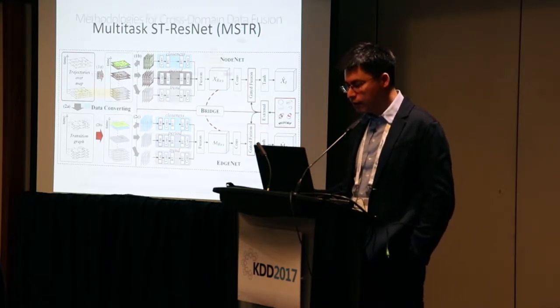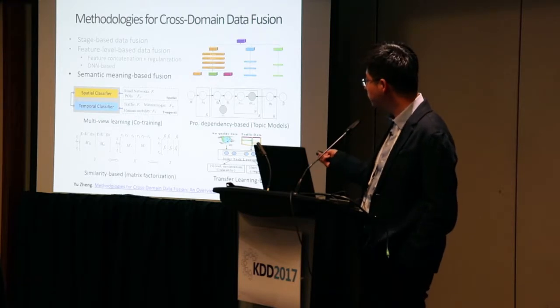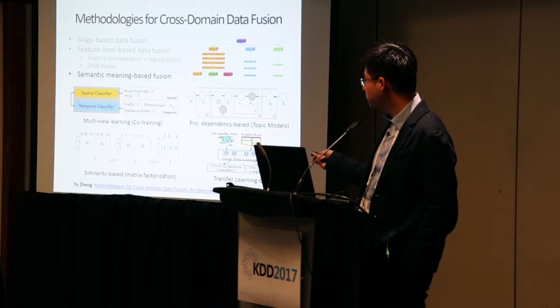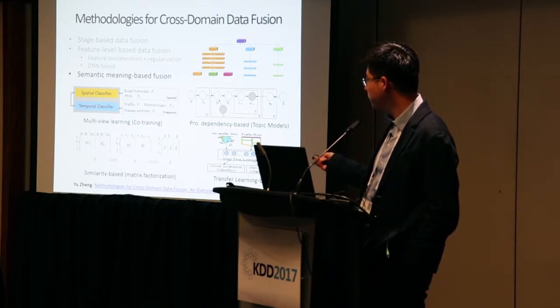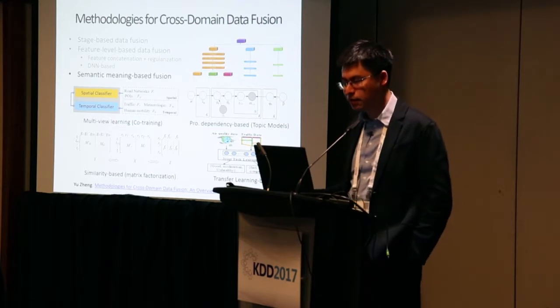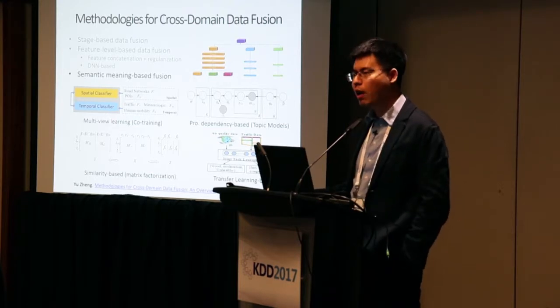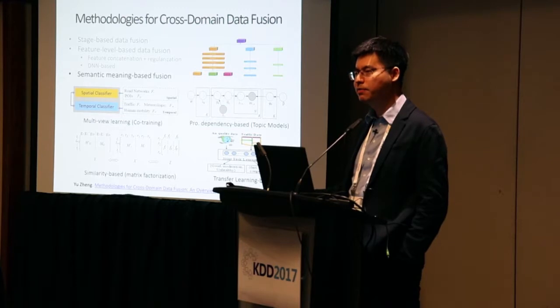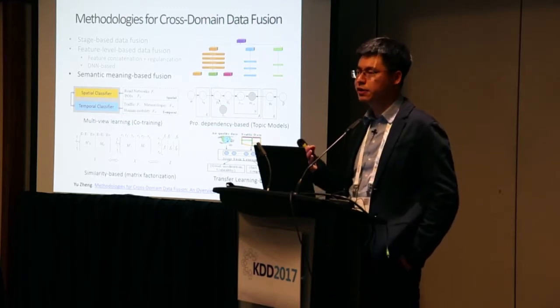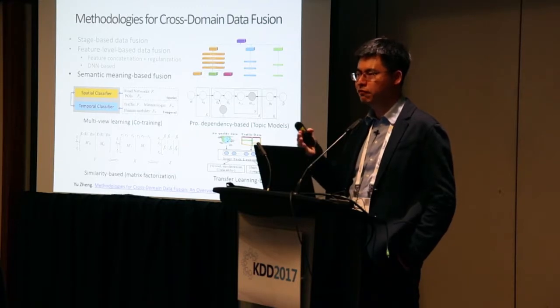Okay, I just mentioned 2 cross-domain knowledge fusion methods, stage-based and feature-based, and deep learning is one type of them. Now, I will introduce more about semantic meaning-based knowledge fusion. Why do we call it semantic meaning-based? Because when we use a deep learning algorithm, we don't care about the semantic meaning of each type of feature.